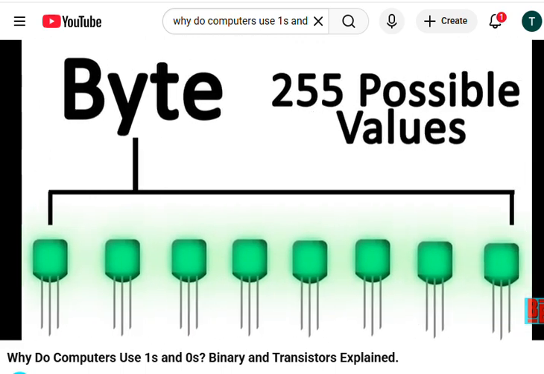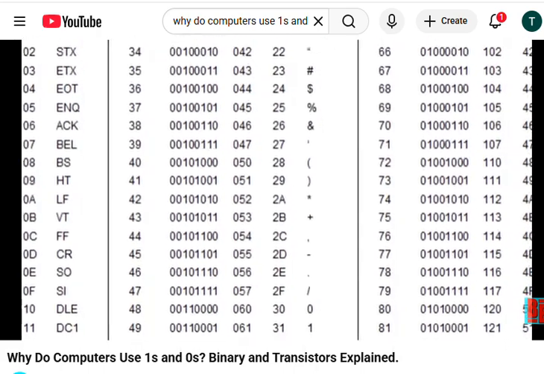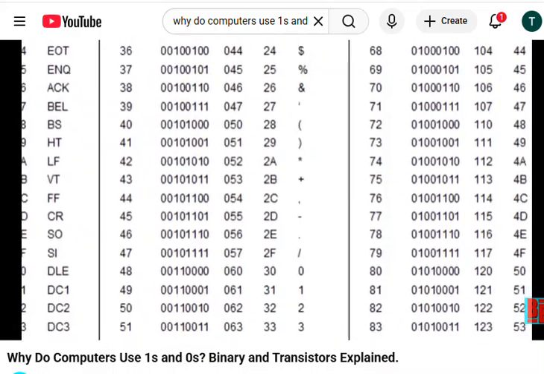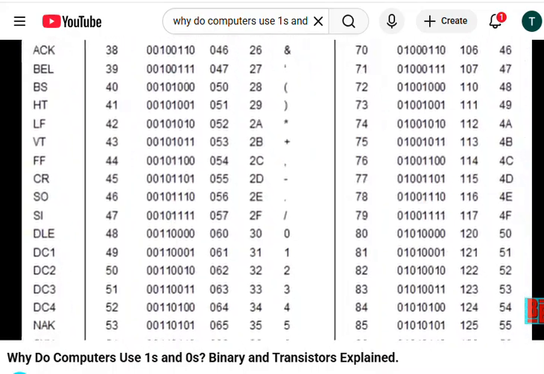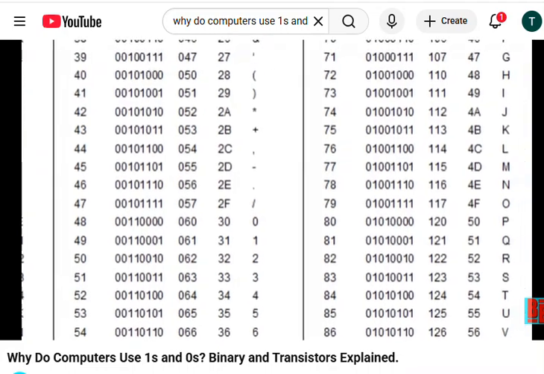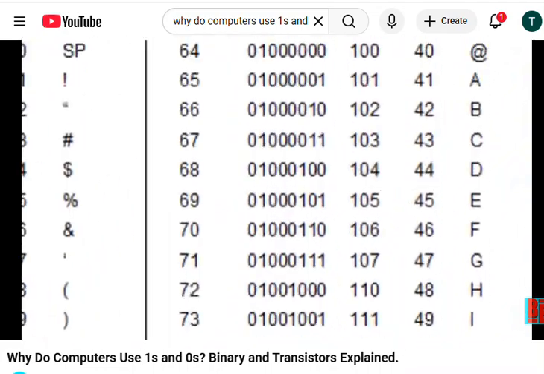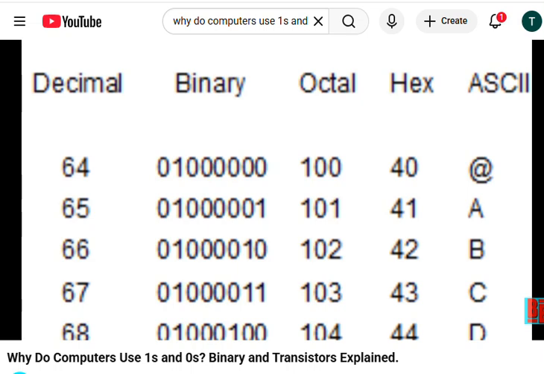Because a byte has 8 digits of binary to work with, and 8 digits of binary can represent up to 255 values, ASCII had 255 letters and symbols to choose from, more than enough for the entire alphabet, punctuation marks, and other symbols. For example, the corresponding ASCII number for an uppercase A is 65.